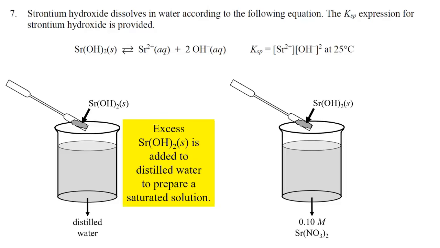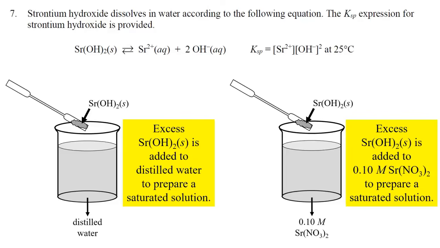In the first saturated solution, excess solid strontium hydroxide is added to distilled water to prepare a saturated solution. But in the second experiment, excess solid strontium hydroxide is added to 0.10 molar strontium nitrate to prepare a saturated solution.